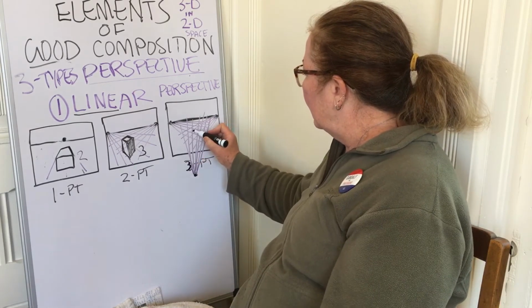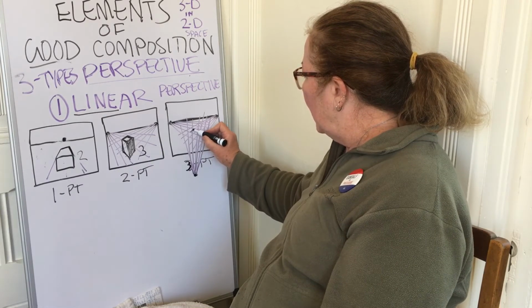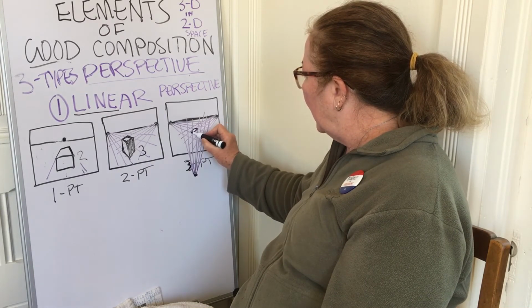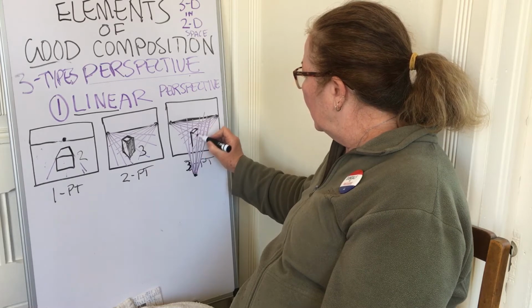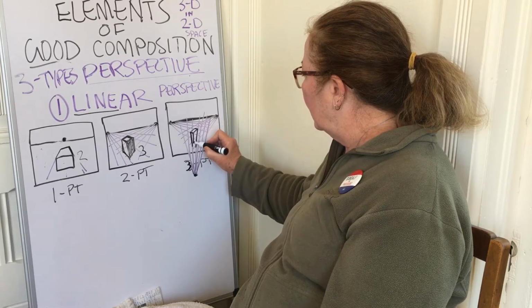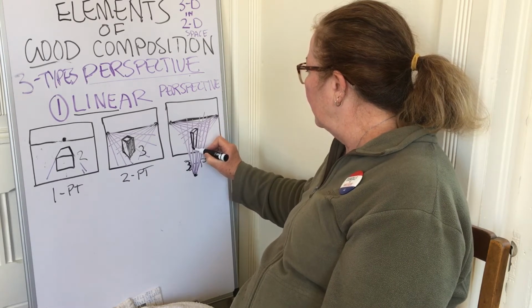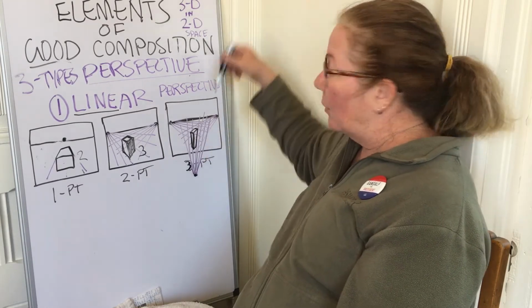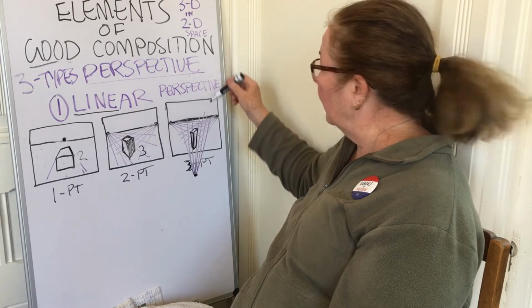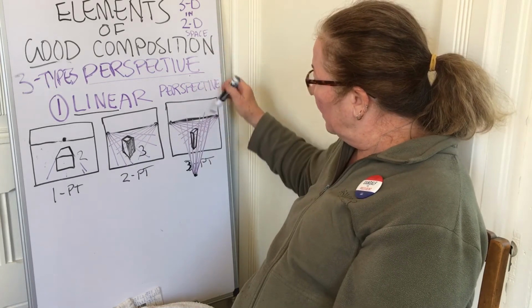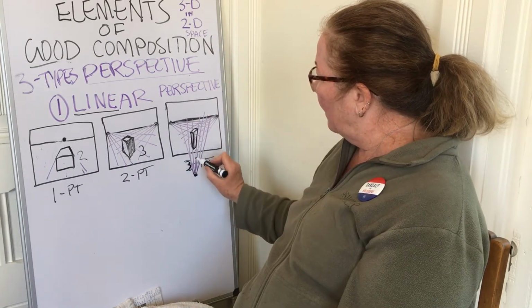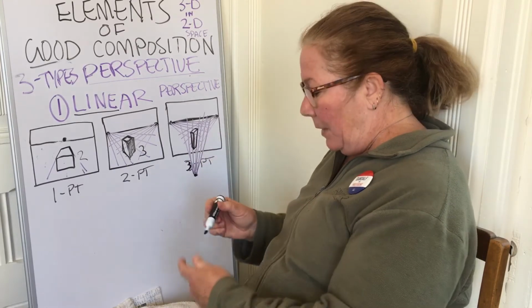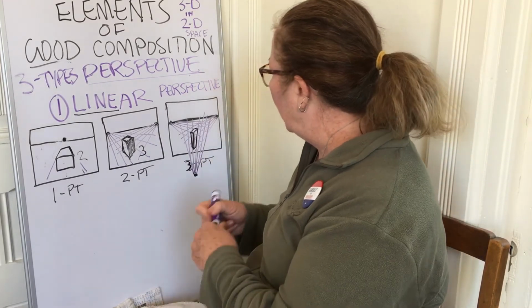So in this case, this would be a bird's eye view of a building. You would get this perspective if you were looking down from a tall height. You'd look down, and the building would appear to be smaller on the bottom than it is on the top. Well, the same would be true if you were doing it the other way.